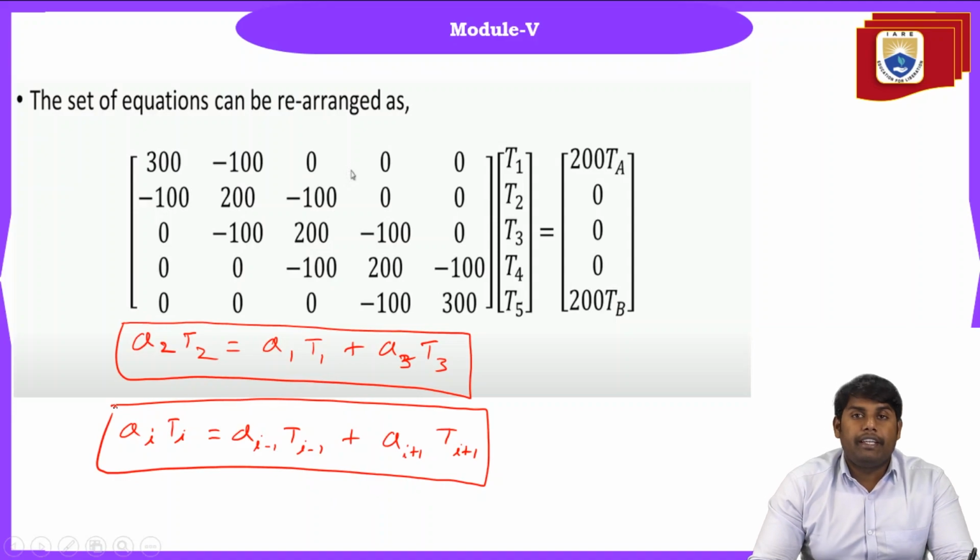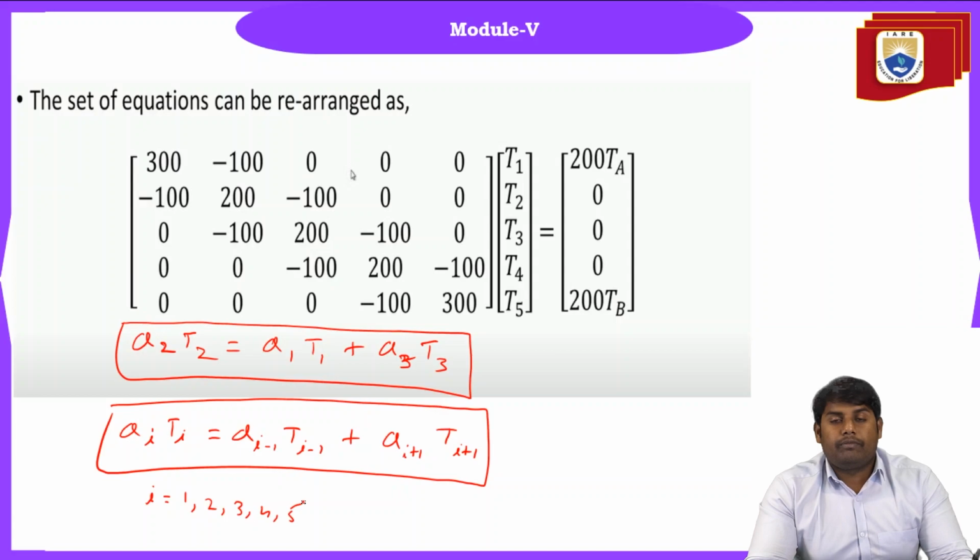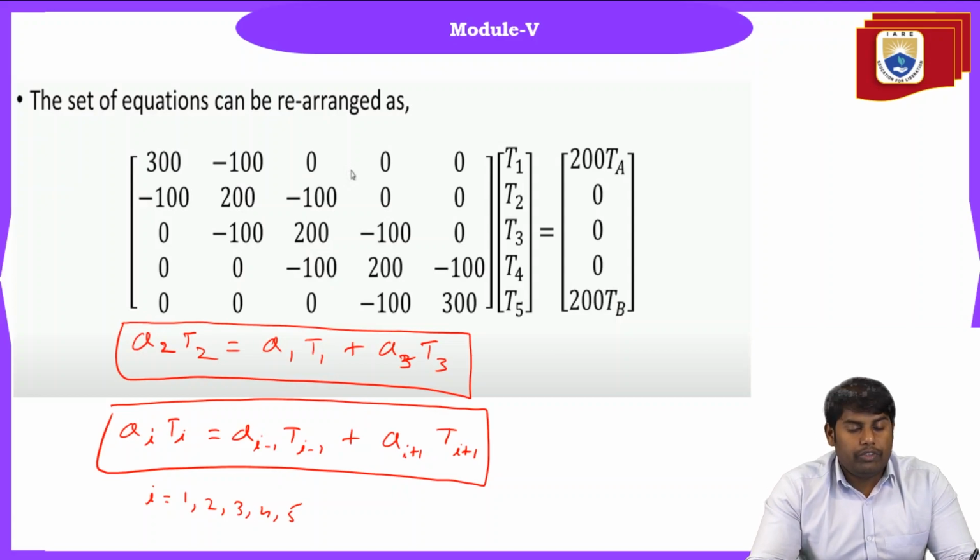So this is the generalized equation where the i value changes, let's say we have 5 points, i goes from 1, 2, 3, 4, 5.